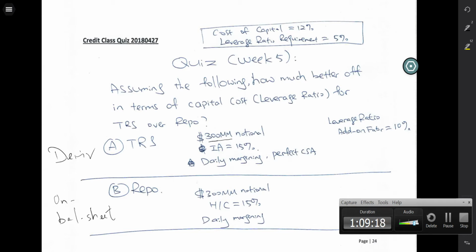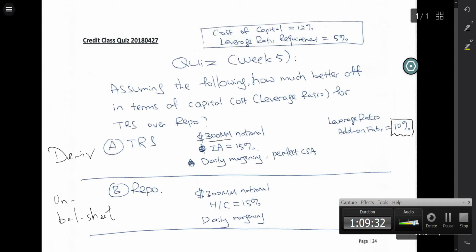You might wonder, well, how much? Well, this is not always very scientific, I find, okay? They describe what's called an add-on factor. And here the add-on factor is 10%.